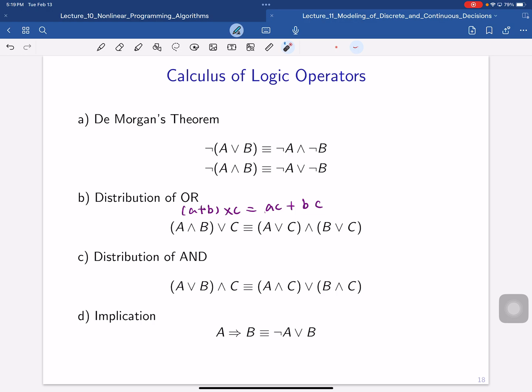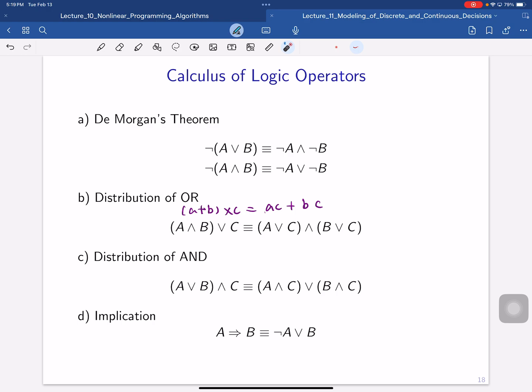If you want to distribute an or into an AND operator, you will just do A or B and B or C, right? Again, the proof is from the truth table. And similarly, if you want to distribute the AND to an OR operator, that will be A or C or B and C. Right? There is some symmetry here.